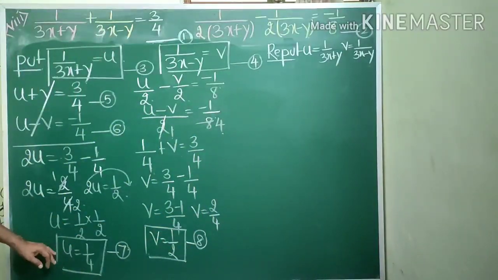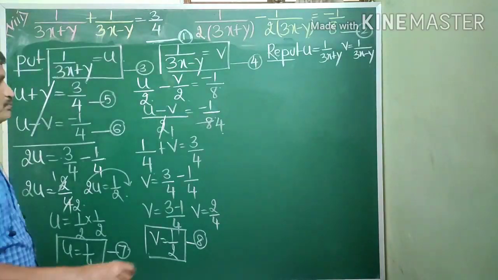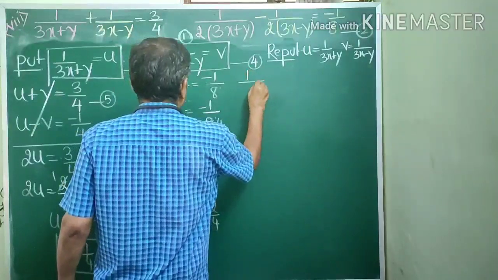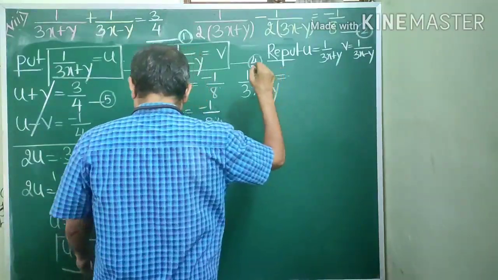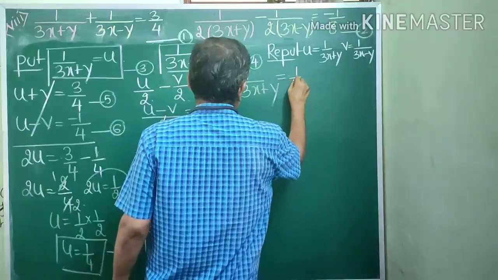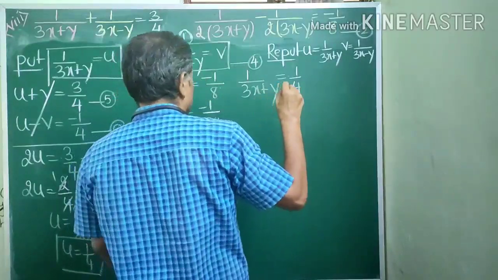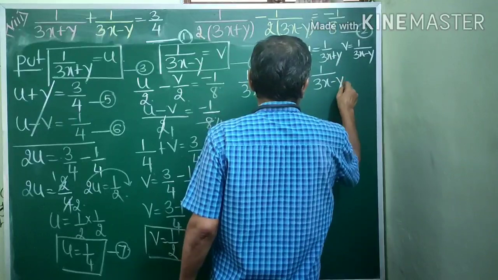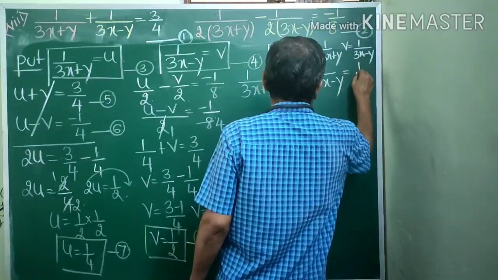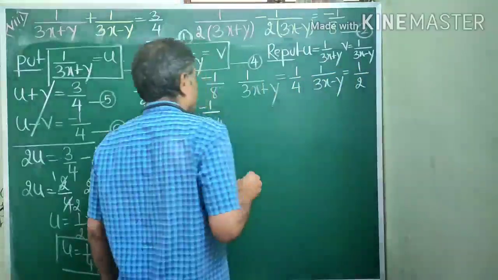So what will happen is, in place of u, I will put 1 by 3x plus y is equal to 1 by 4. Here in place of v, I will put 1 by 3x minus y is equal to 1 by 2.